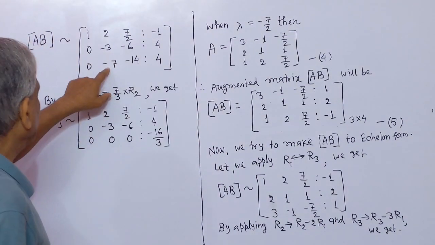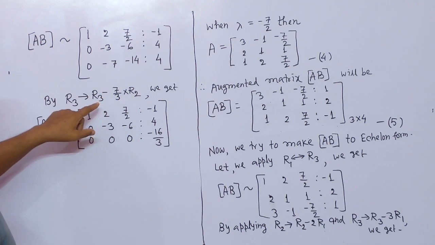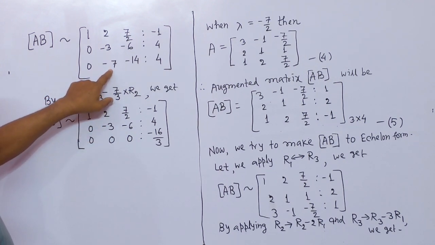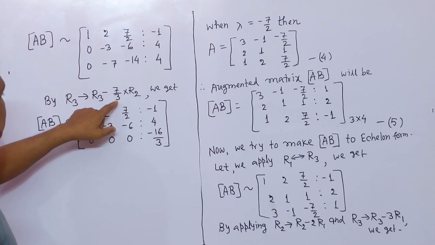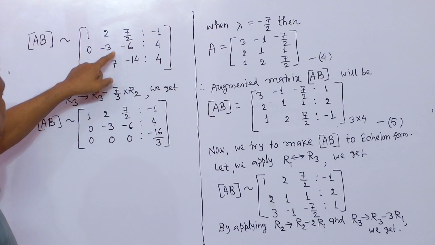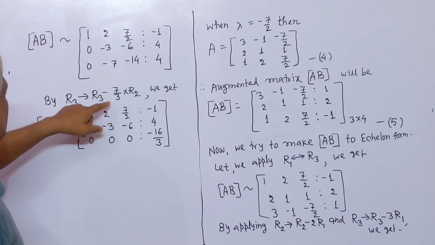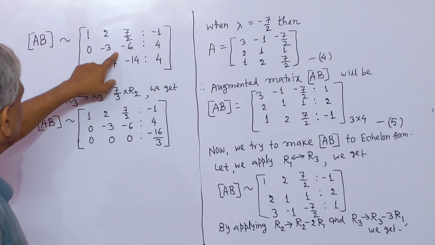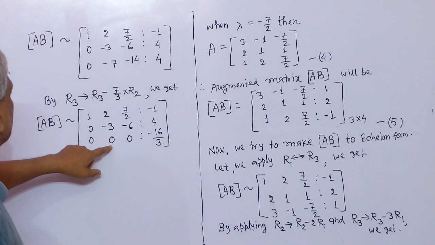Now here we want to make 0. So we apply in place of row 3, row 3 minus 7 by 3 multiply row 2. Minus 7 minus 7 by 3 multiply minus 3 means plus 7. Minus 7 plus 7 is 0.